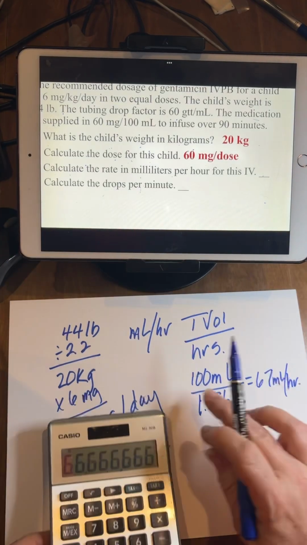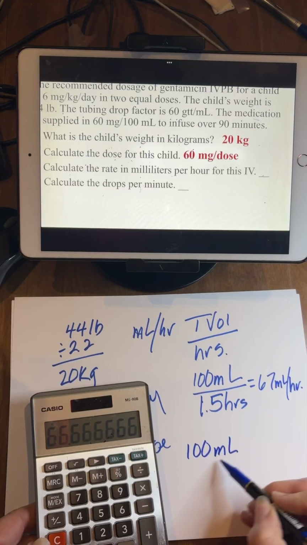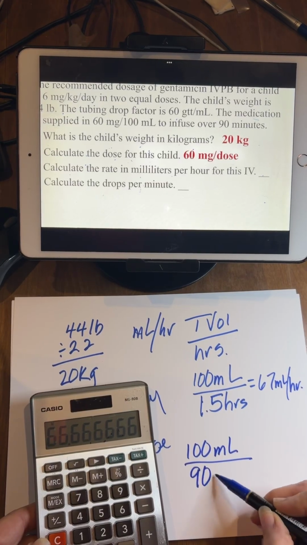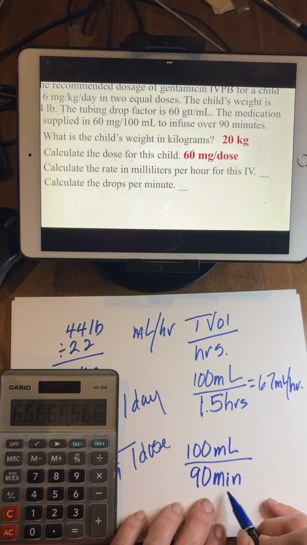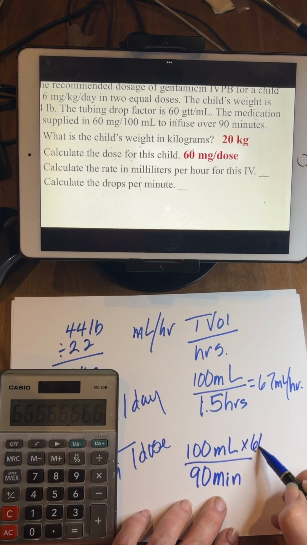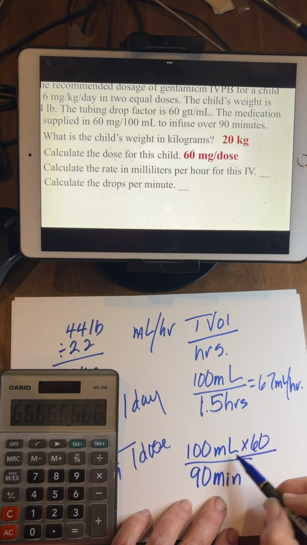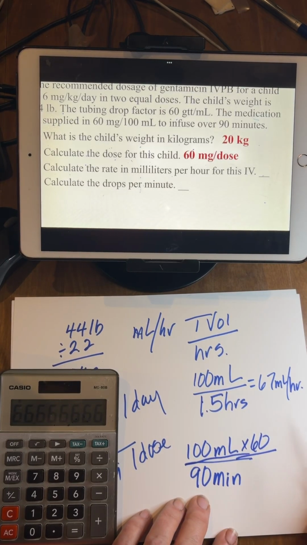If you were going to do the milliliter per hour problem and you were going to put 90 minutes, if you've watched some of my other videos, if it's milliliter per hour and you're going to write the word minute, we're going to throw a 60 up here on the top to tell the problem that we're dealing with a 60-minute hour, not a 90-minute hour.